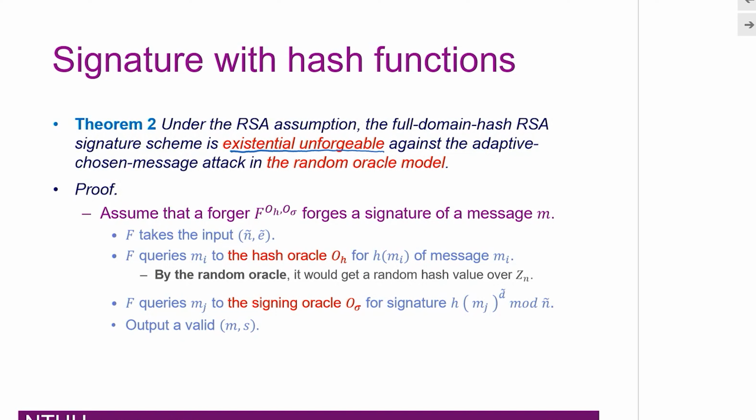Sometimes you see some other words such as selectively forgeable, which means that signature schemes that we won't use in practice. It means that they can forge some random messages, but they cannot forge a given message, right? So those are weaker security proofs, weaker schemes.